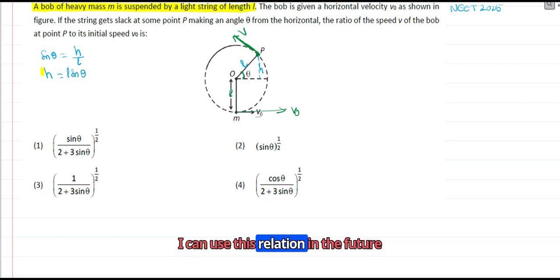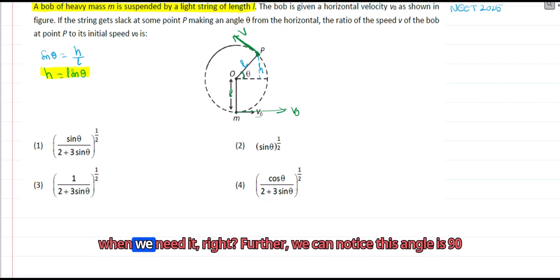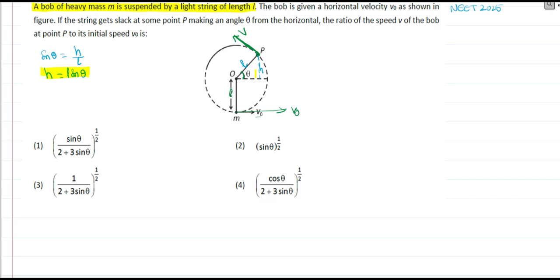I can use this relation in the future when we need it, right? Further, we can notice this angle is 90 degree, this angle is theta. So this angle is obviously 90 minus theta.